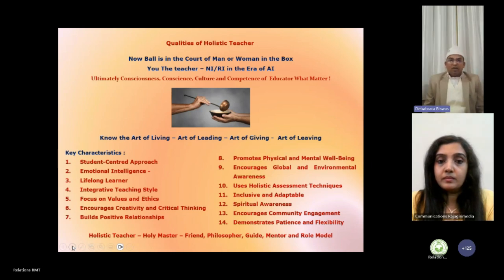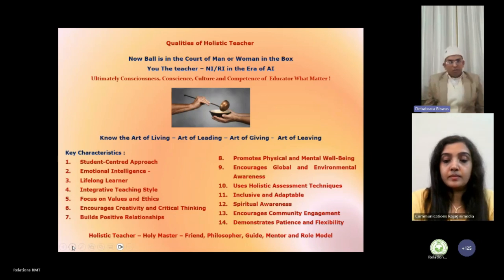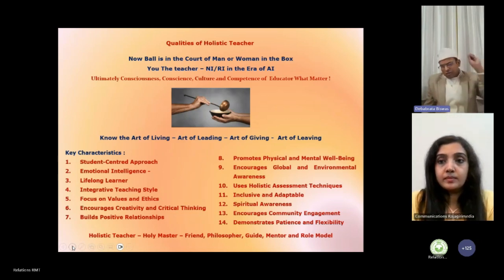And then how will you develop these qualities, how will you be a holistic teacher? Again, those 9 components are related with your 7 cultures. Health culture, how you maintain your body. This is not your personal thing. Your body is not personal, it is given, it is created by nature. The components of your body are made from stardust, billions of years old.